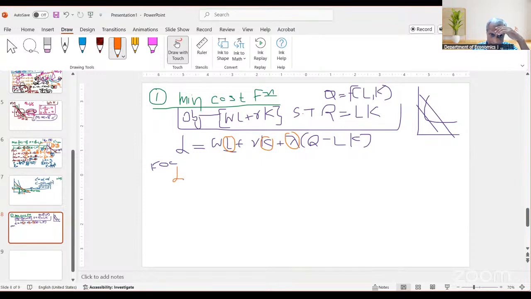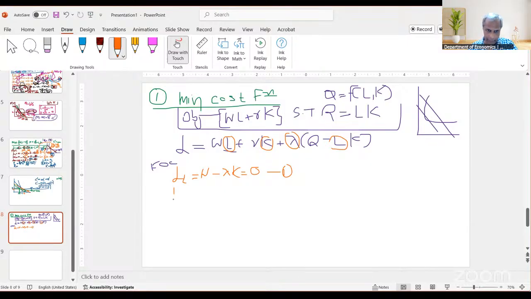So when you differentiate with respect to L, you know the differentiation I discussed with you, W minus lambda K equals 0, because at the optimal level the first differentiation, the slope, becomes 0. With that we get the first equation.